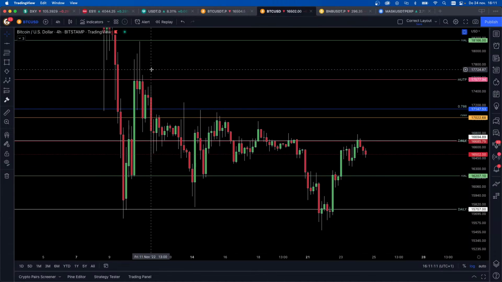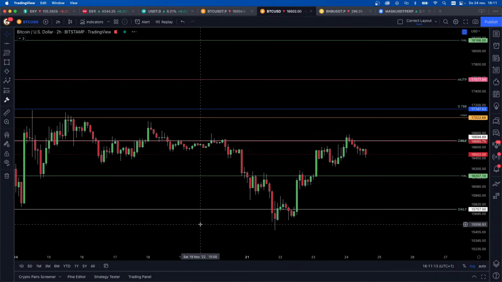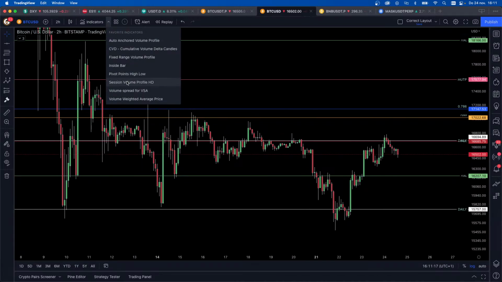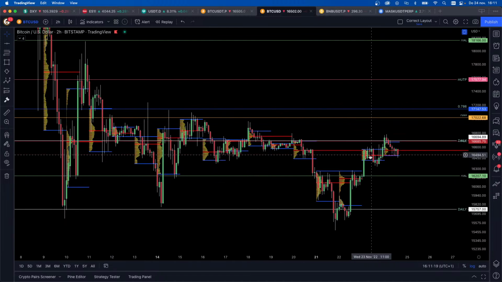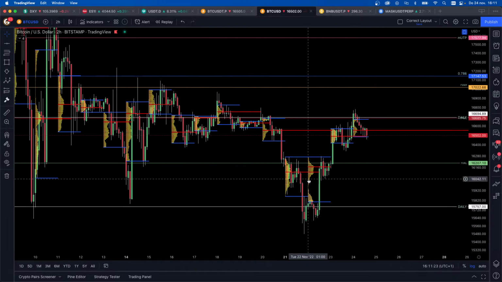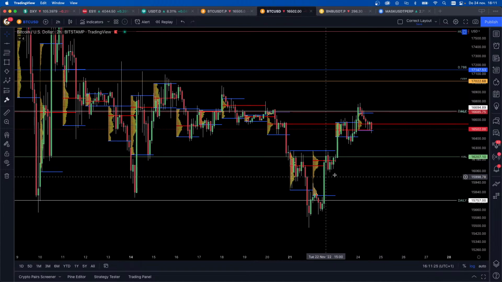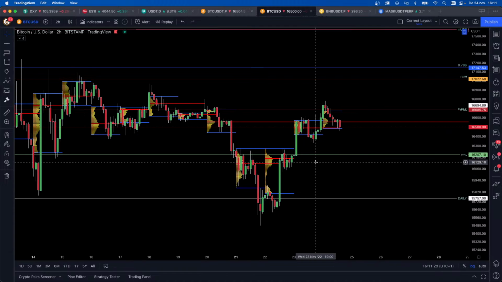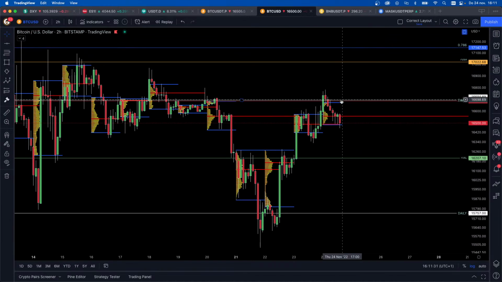A naked point of control, I would like to take a 2 hourly chart. And then you take the session volume profile. This shows you the volume traded each day, the volume profile of each day. You can see today, for example, you have value area high, value area low, you have point of control.